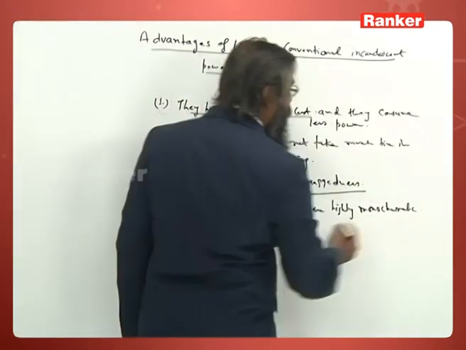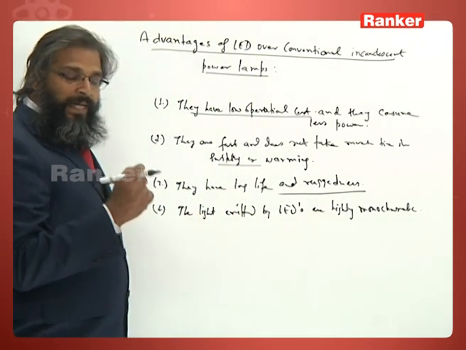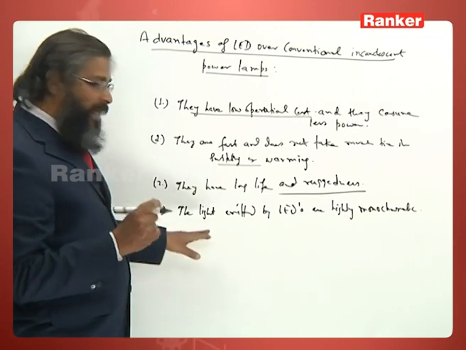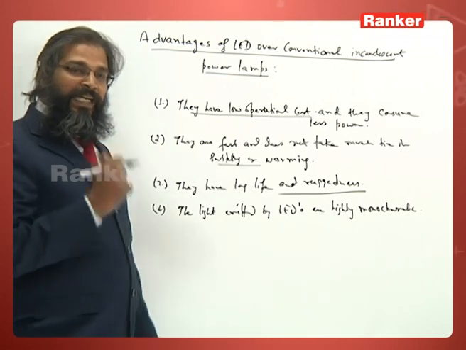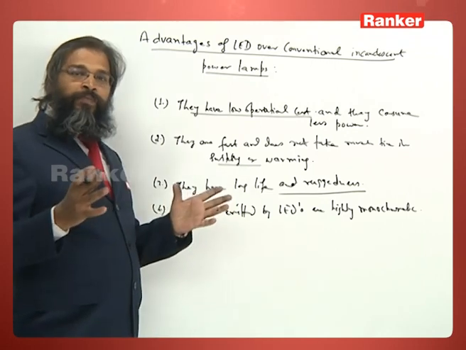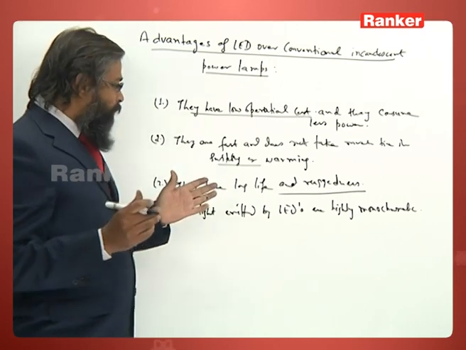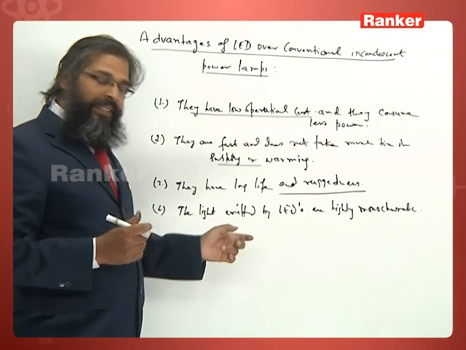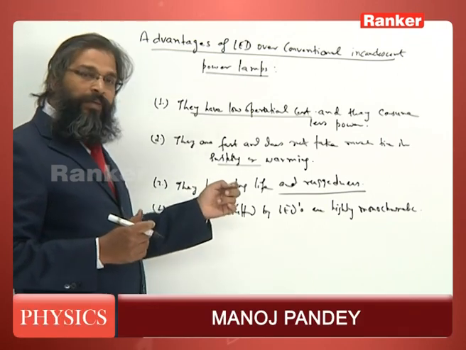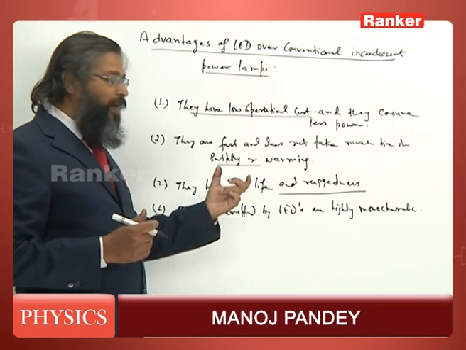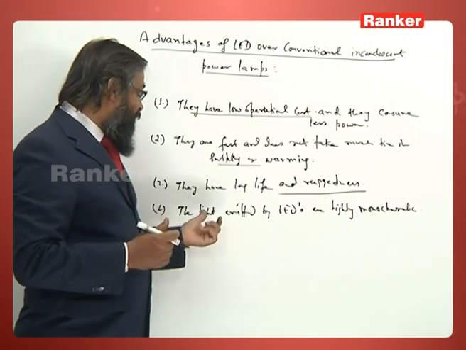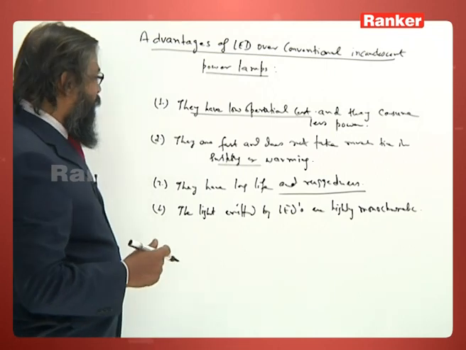If I want red light, it will give highly monochromatic red light only, but an incandescent bulb will give a wide wavelength spectrum from red to yellow. If it is a green LED, the wavelength will be very precise, the bandwidth of the variation will be very small. That means it is highly monochromatic.